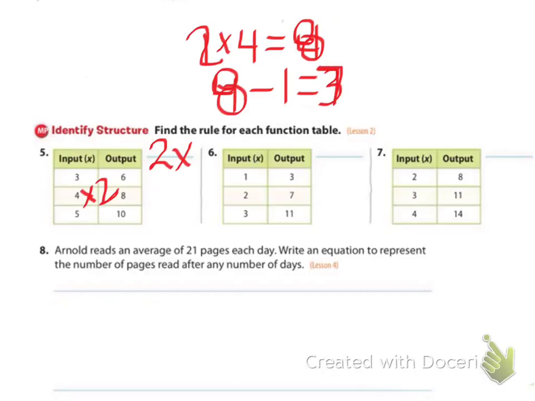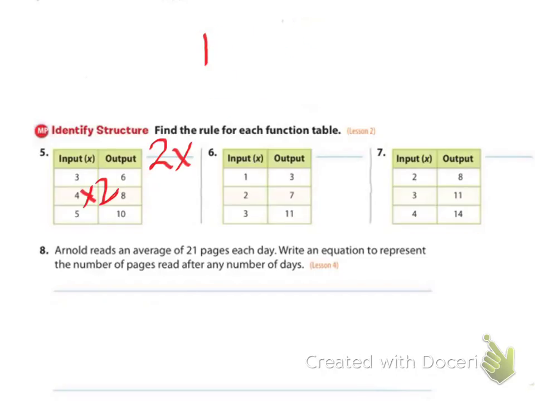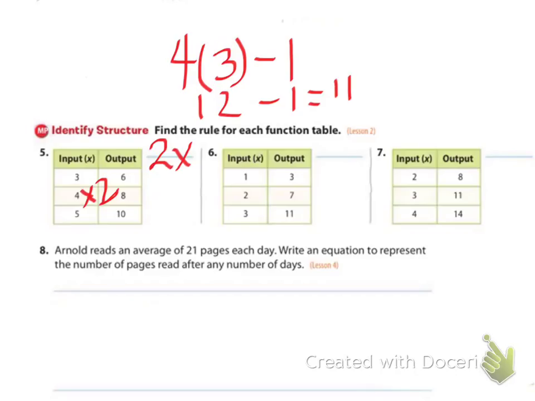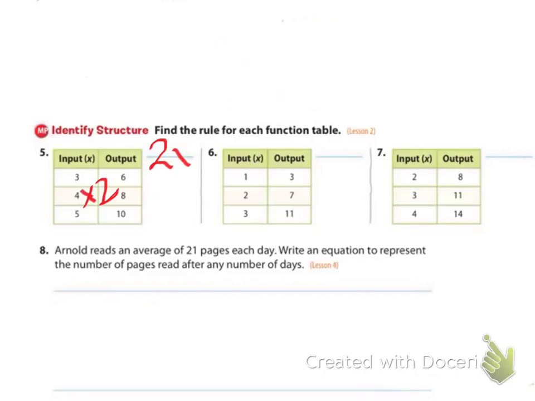Looks very messy, so let's get rid of all that. And if I work through, we have the input, times 4 minus 1. So that would be 12 minus 1. That gives me 11.